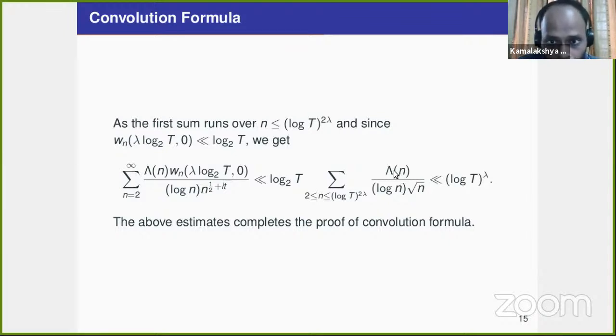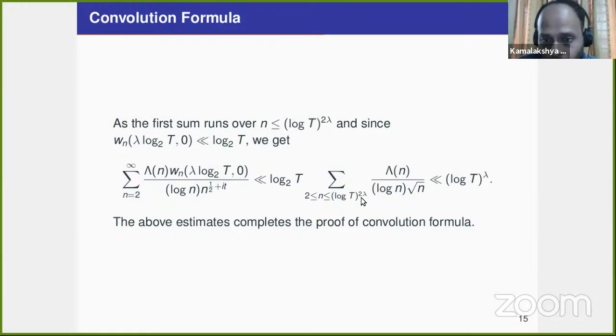Lambda n, the von Mangoldt function, is equal to log n if n is a prime number. If n equals p power r, lambda n is log p. So for the primes, lambda n and log n give just 1, and we have 1 by square root of p, summed up to log t power 2 lambda.